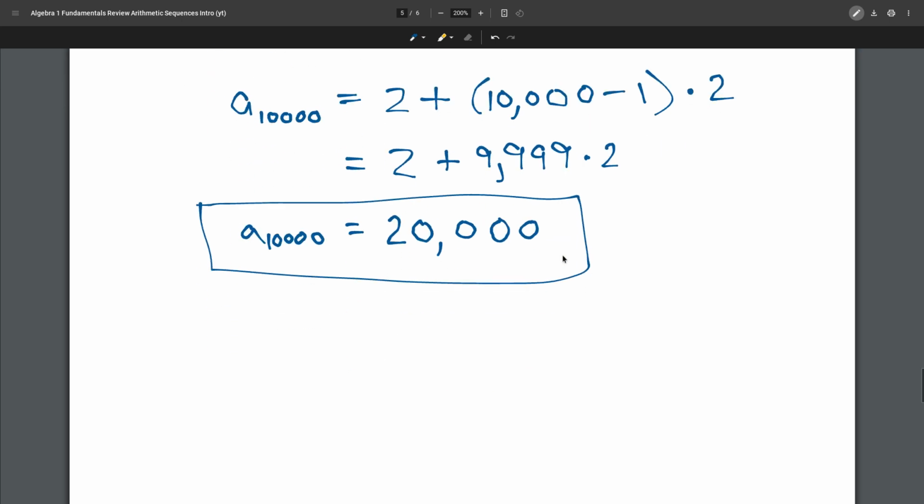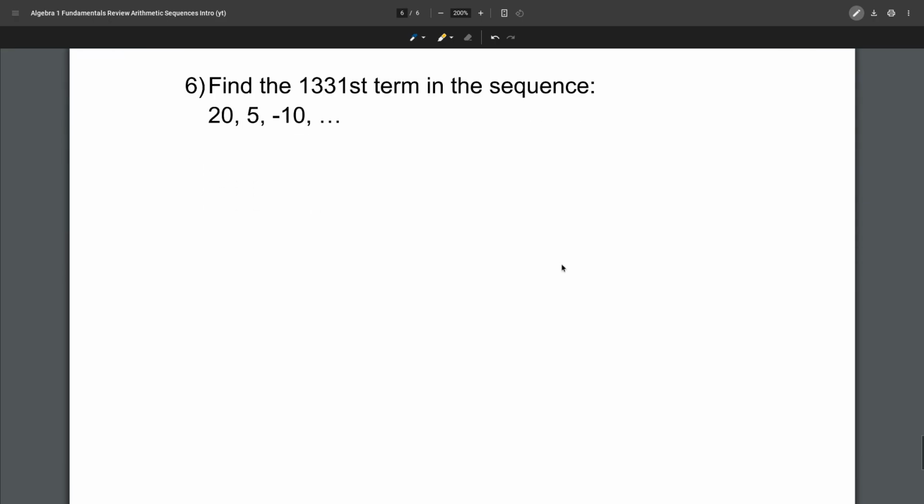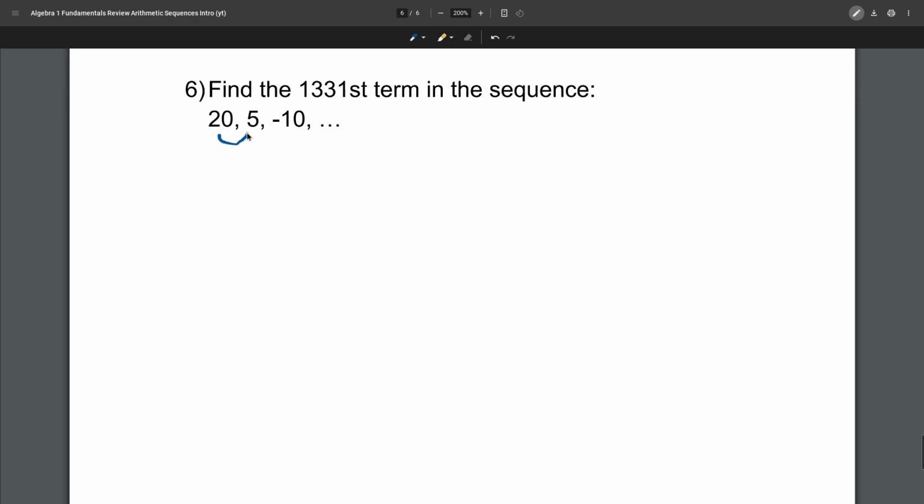All right, let's try one more. Okay, so find the 1,331st term in the sequence. So we start at 20, we go to 5. So we subtract 15 here. Then we go from 5 to negative 10, we subtract 15.